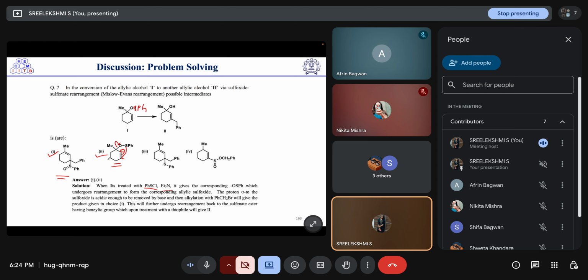So this intermediate is converting into this intermediate. That will give rise to this allylic sulfoxide. Then what will happen? A proton alpha to the sulfoxide, the proton here at this center, will be acidic in nature because of the presence of the sulfoxide group. So that will be eliminated.